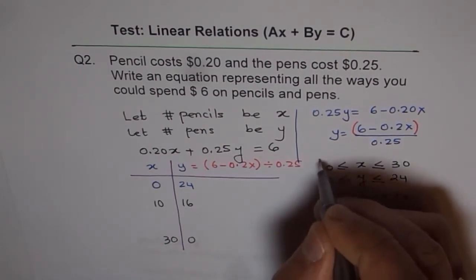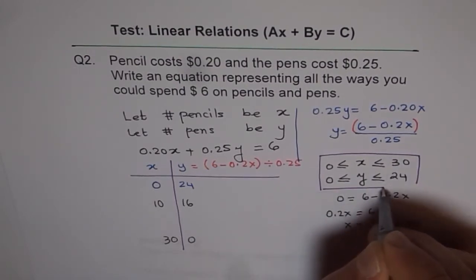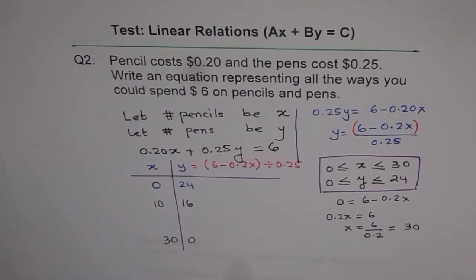When we are talking about variables, we have to see what could be the upper limit and lower limit for the given variable. We are buying pens and pencils, so they have to be positive numbers. And if we have a limit of $6, that gives us the limit which x and y can have. Every number in between is a possible number. So we can use this equation to solve it.